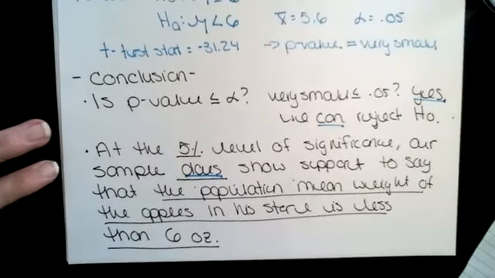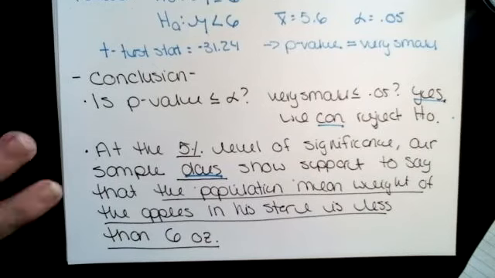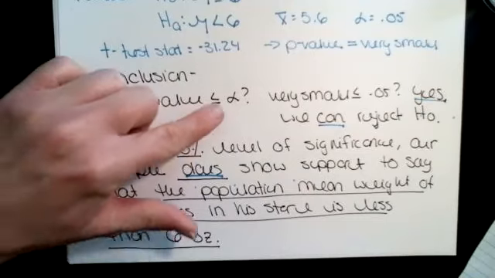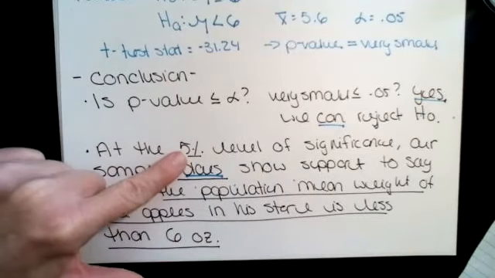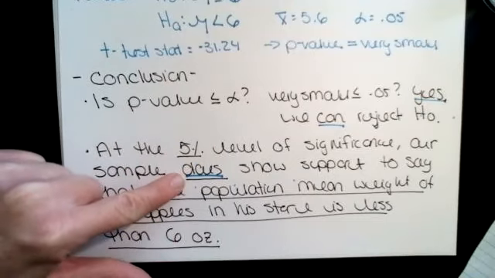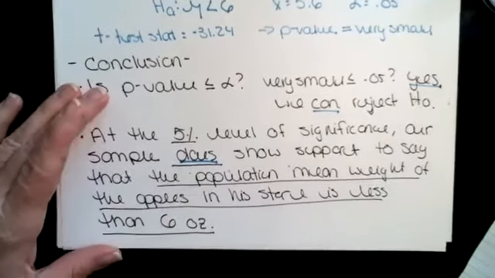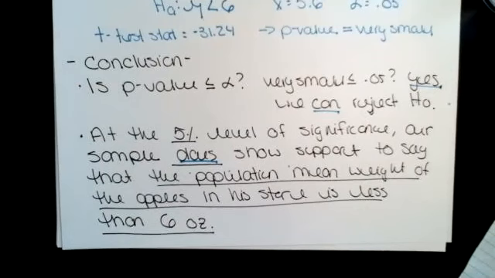So I know there's only 2 bullet points, but I really look for 4 things. I look for this answer, if it's a yes or a no, and if you can or cannot reject. I'm looking for my level of significance, if I do or do not have support, and your goal down here. Okay. So I know there's only 2 bullet points in this one, but I still look for 4 pieces of information, or maybe even a little more.